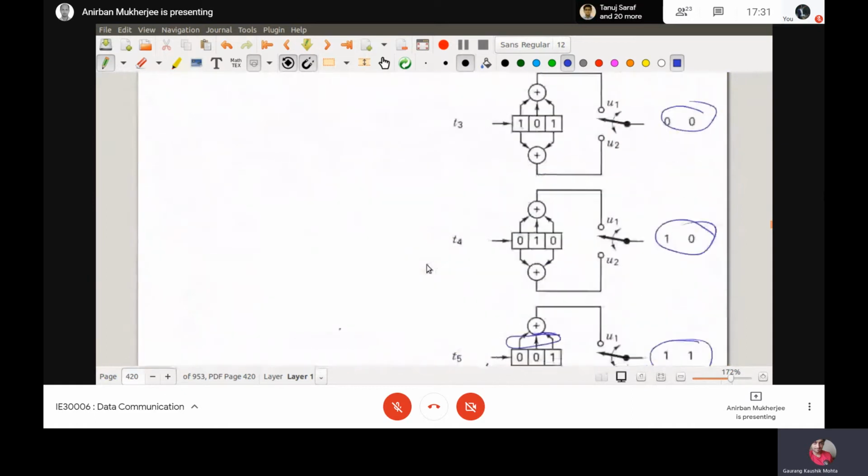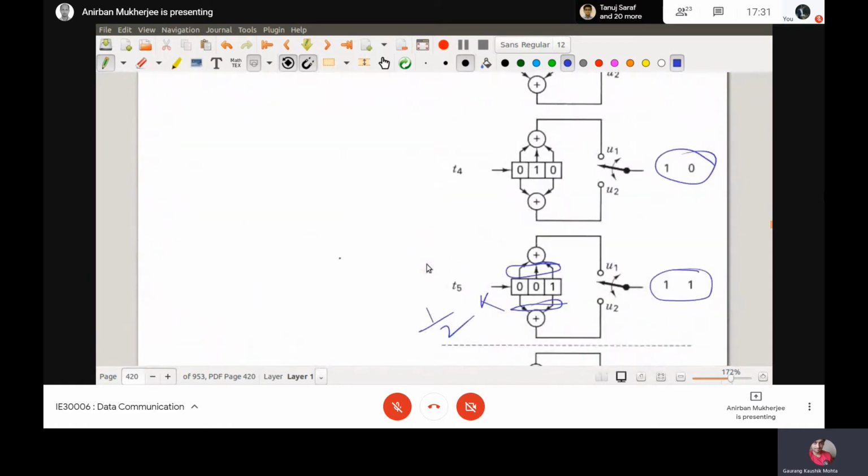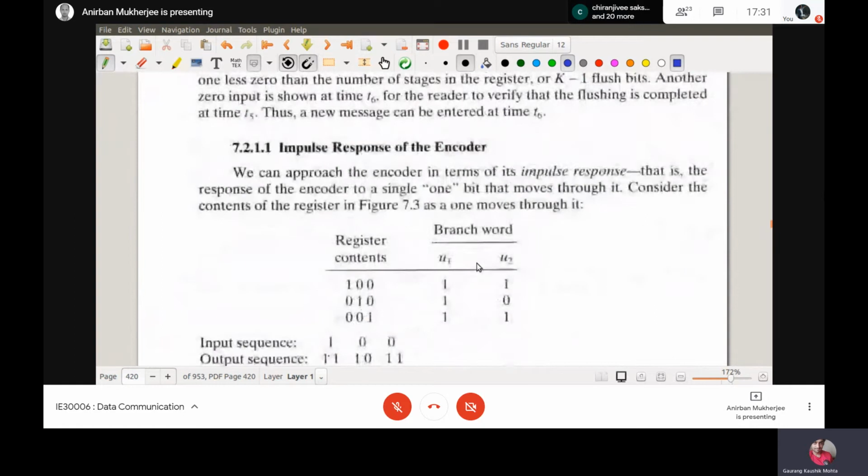Just read a little bit of that impulse response of the input. You please read that. See, suddenly impulse response. That h is the impulse response. So we explained why summation h(k) x(n minus k), that h(k) was the impulse response. So for the encoder, they also have a certain impulse response. Now what is the impulse response generally?